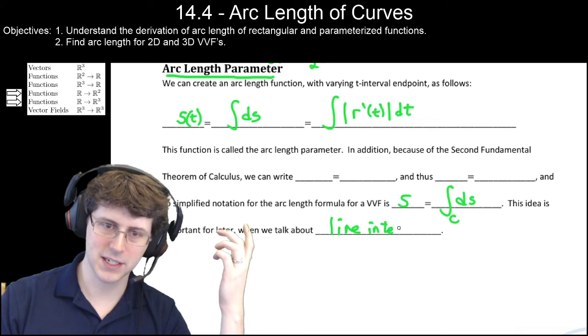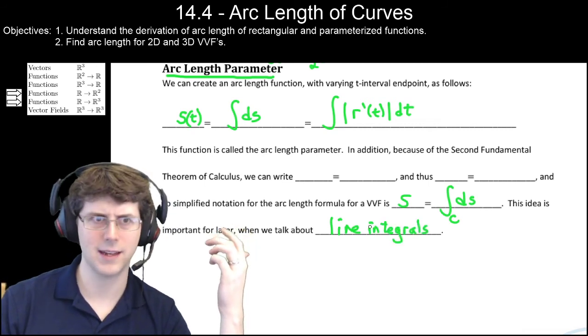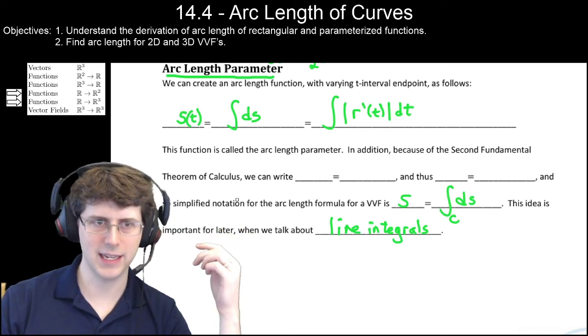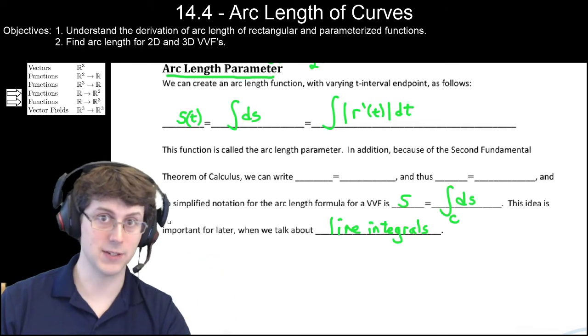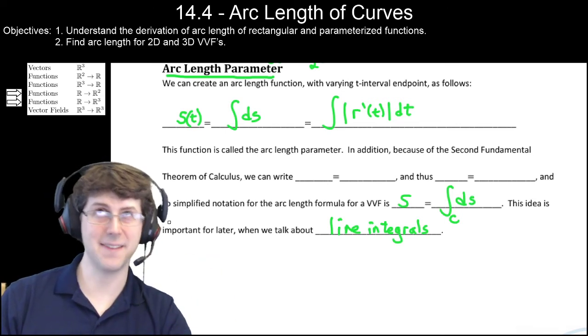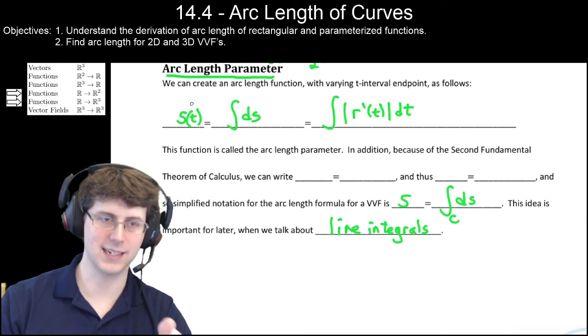I can't get too much into the details in this section; I think it's mostly in the next section. But the takeaway here is there's lots of different parametrizations of any given curve, and the parameter doesn't have to be t. Maybe there's some way for us to use s as our parameter.